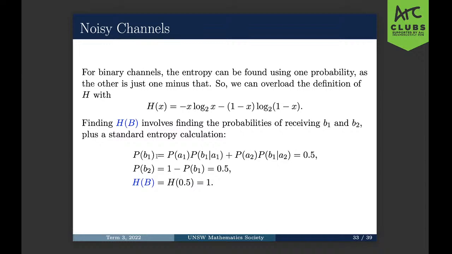We can calculate these P(B1) and P(B2) based on all the conditional probabilities we had based on the source symbols, and we also had the source symbol probabilities, so we can just use those as well. If you calculate this, the probability of receiving a B1 is going to be 0.5. For the probability of receiving a B2, we don't need to do this calculation again. It's just going to be 1 minus receiving a B1, so 0.5. And so the sink symbol probability, the output entropy, is going to be the overloaded function h of 0.5, which is 1.